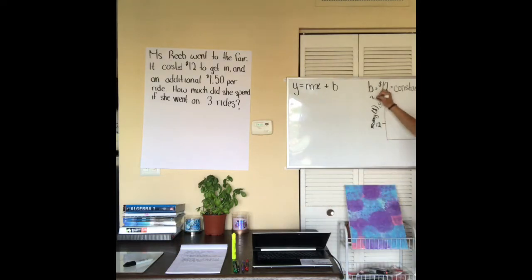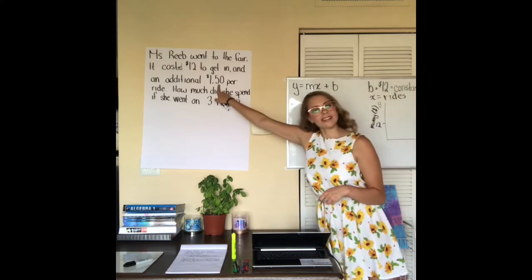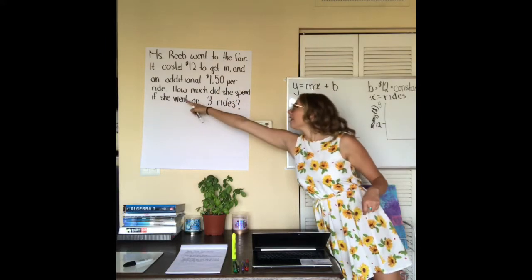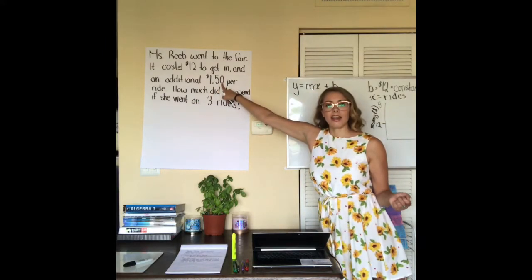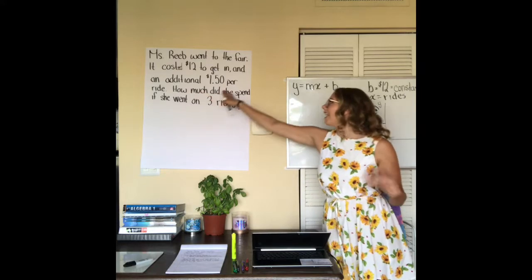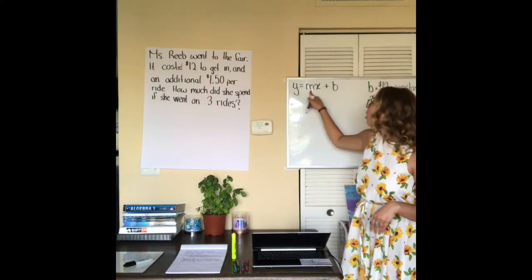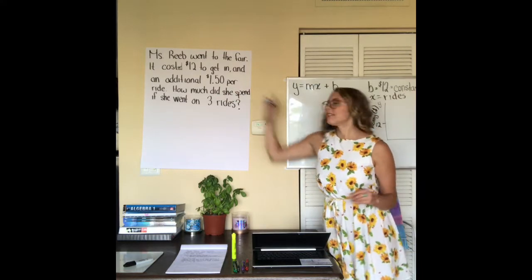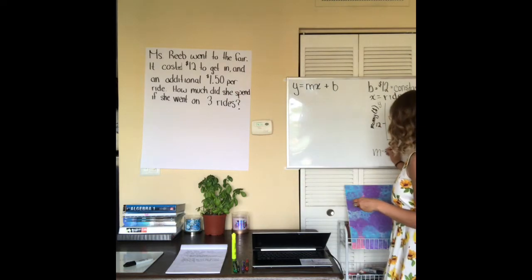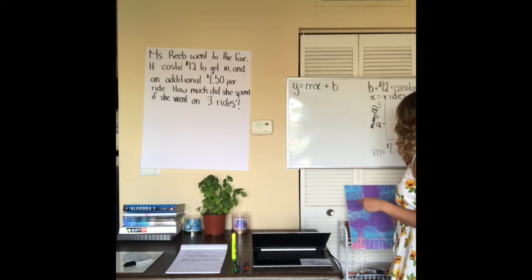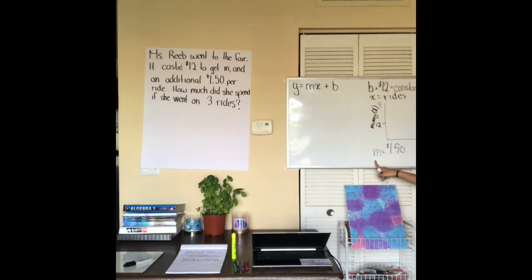So our x value is rides. And this $1.50 per ride is a rate, and because it is per ride, it is dependent on how many rides they go on. So our m value is 1.5.